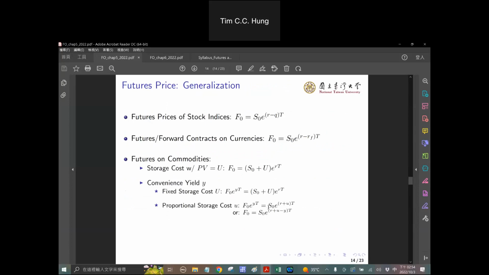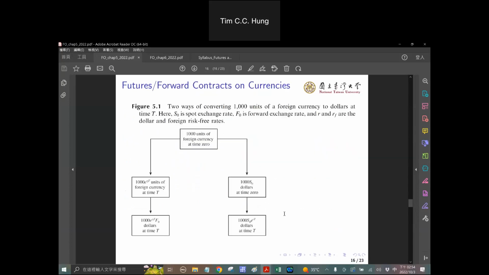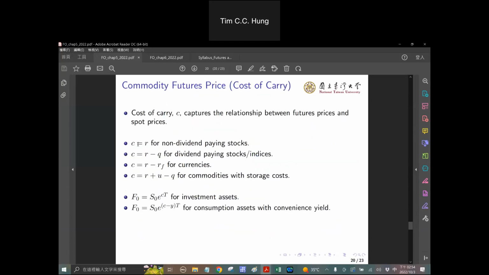You can express it as S0 exponential to the power of (R plus C). C could be a dividend yield. If it's a non-dividend paying stock, then it's just R over here. If it's a dividend paying stock, it's R minus Q. If it's a currency, then it would be the domestic interest rate minus the foreign interest rate. If it's a commodity with storage costs, then there's a plus U over here.